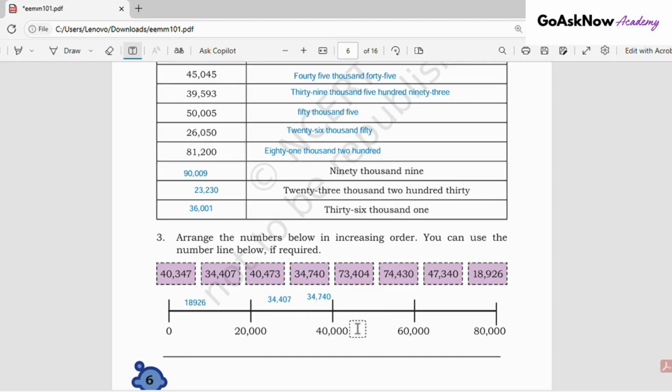After that 40,000, which is 40,347. Next value, which is 40,473. Here 300 is less than, then 400 is greater than. After that 47,000. Where is it?